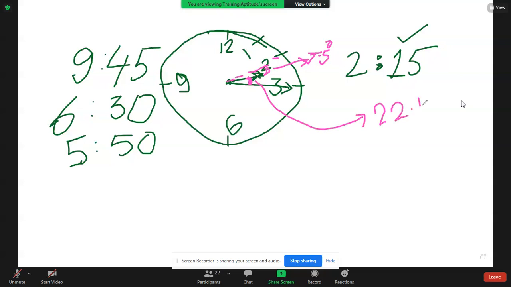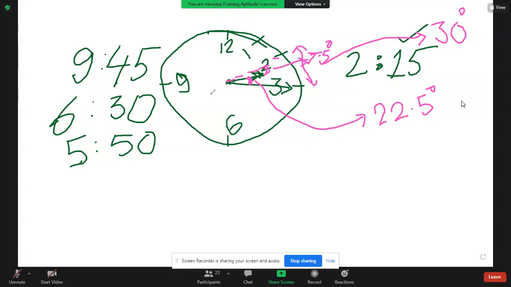Why will this be 22.5 degrees, students? Because from 2 to 3, this entire portion is 30 degrees. Remember, a clock is divided into 12 parts, and the sum total of 12 parts is 360 degrees. So any two parts, the gap is 30 degrees.